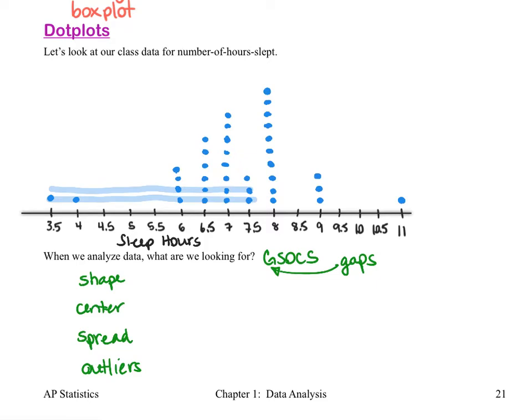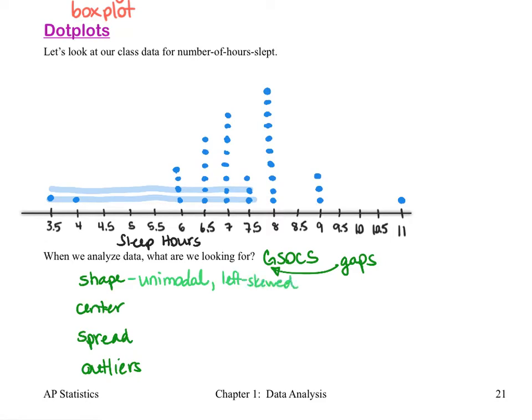When it comes to this distribution, and if we want to describe it, as far as the shape goes, we would say we see a unimodal shape, which means one peak, and it is definitely left skewed.